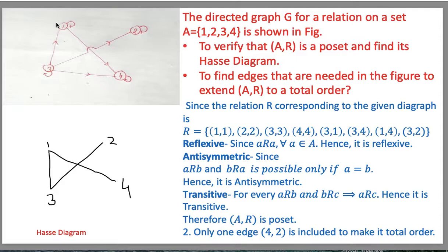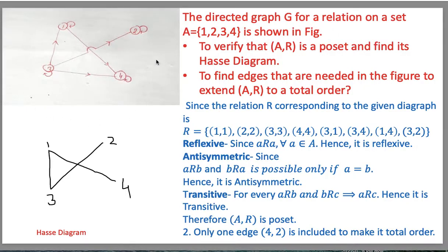So this is the given directed graph, or in short we call it a digraph. Here 1 is related to 1, this arrow indicates, 2 is related to 2 indicated by this arrow, 4 is related to 4 and 3 is related to 3. Again 3 is related to 1, the arrow is in this direction, 3 is related to 2, 3 is related to 4 and 1 is related to 4.